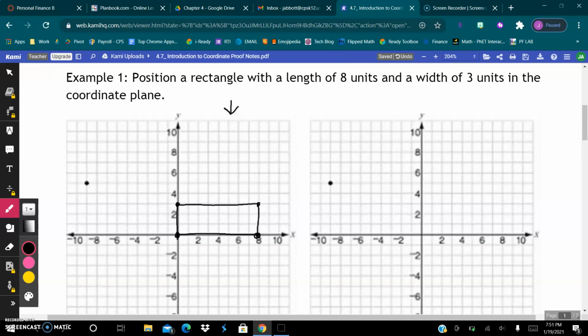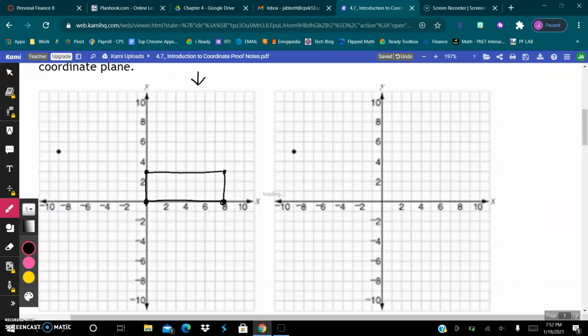Another way would be to center a side of the figure at the origin. We could look to see if it's going to have a length of 8 here, then we could put 4 on one side and 4 on the other.